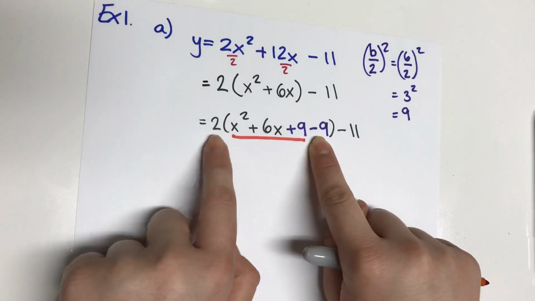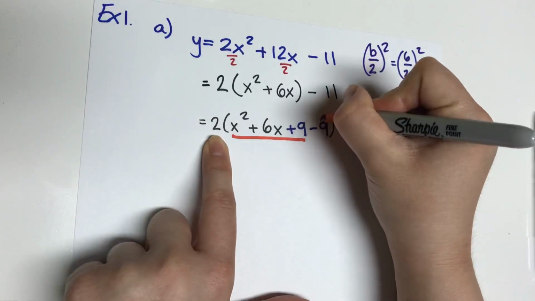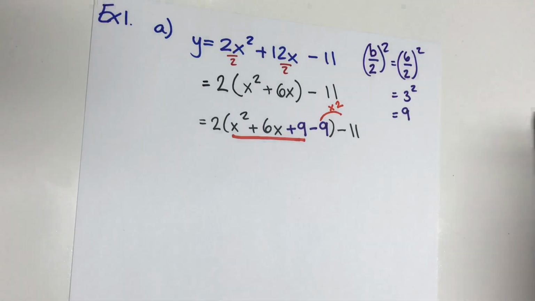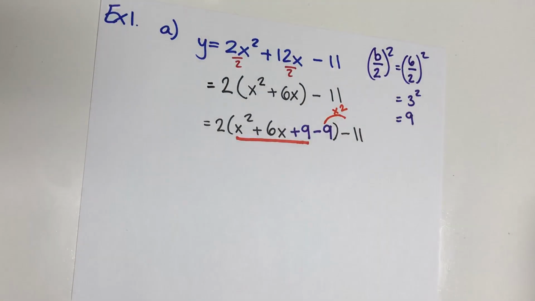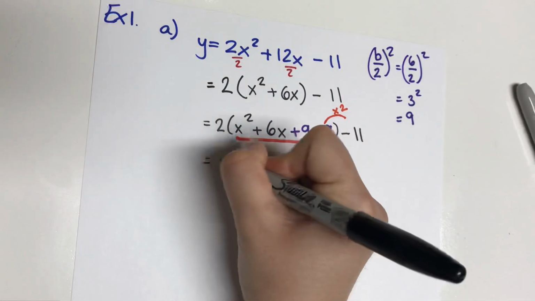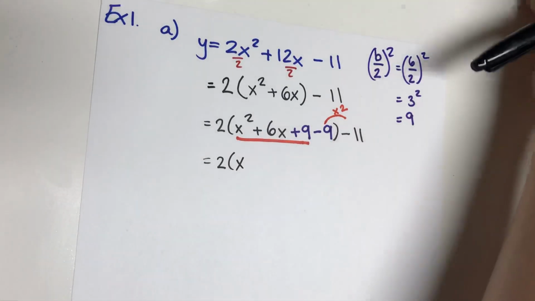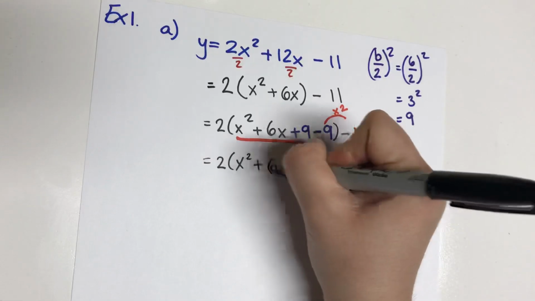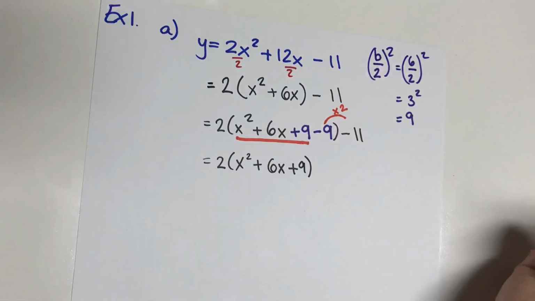And notice that there's a 2 in the front here. So that means when I take the 9 out of the brackets, I have to multiply it by 2. So everything stays the same. 2 and then x squared plus 6x plus 9 is in brackets.